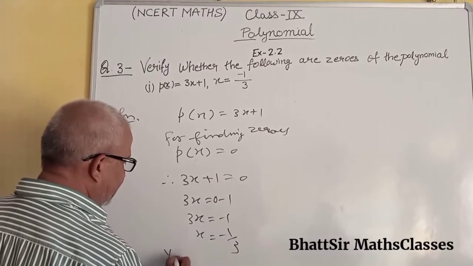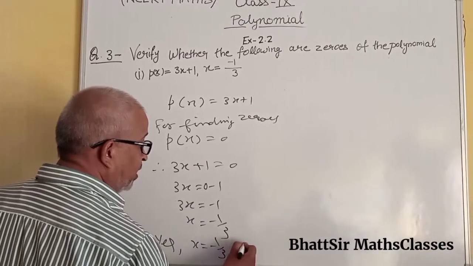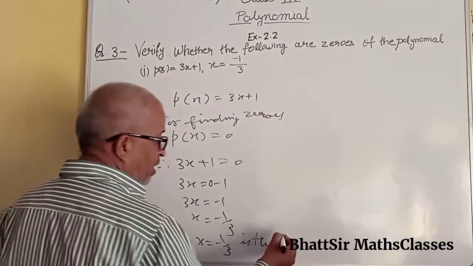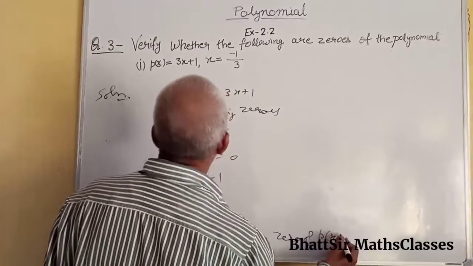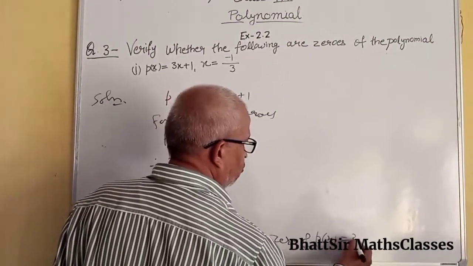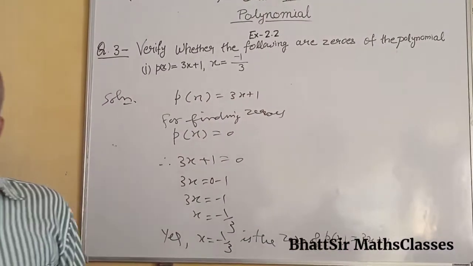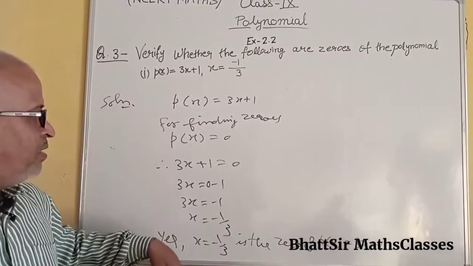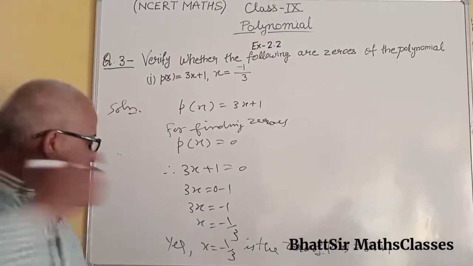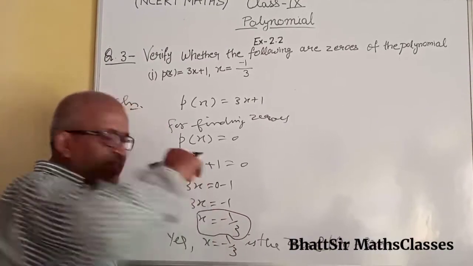Yes, x equal to minus 1 upon 3 is the zero of P(x) equal to 3x plus 1. So we can find the zeros. It is verified that x equal to minus 1 upon 3 is the zero.